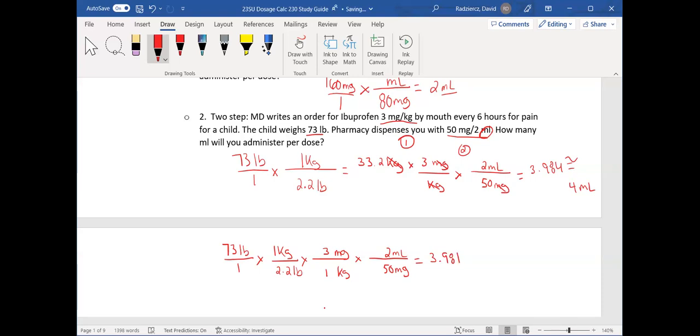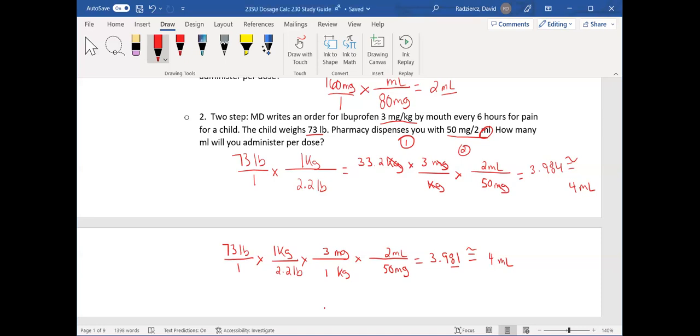So it goes 981, 81, 81, 81. You would just round that again. Technically, you should round it to 3.9, but you're looking at the hundredths place to see what to do with this. That should be rounding up. So 3.98. I think the right answer, the best answer, would be the 4 ml.